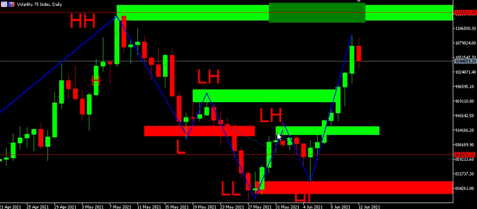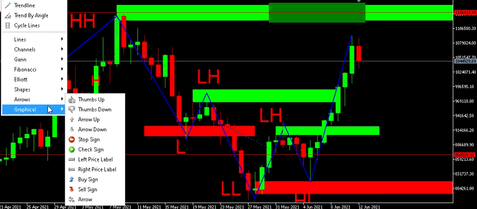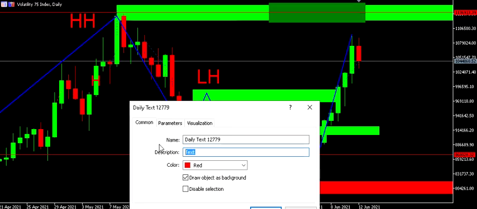Then we now have a new low here, but this particular low did not get to the lower low level, so we will now call it higher low. This higher low marks the beginning of an uptrend. Higher low, mark it with HL.